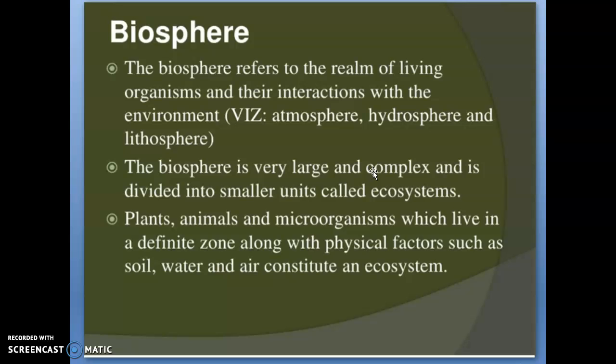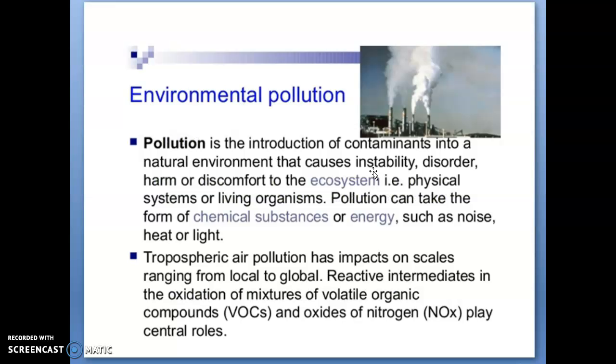Next we are going into the main part of this chapter, that is environmental pollution. So what do we mean by pollution? Pollution is the introduction of contaminants into a natural environment that causes instability, disorder, harm or discomfort to the ecosystem, that is, the physical system or living organism. Pollution can take the form of chemical substances or energy such as noise, heat or light.